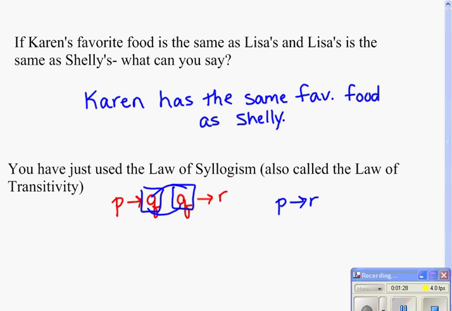Those come out and you can push the ends together to make one if-then statement for your conclusion.